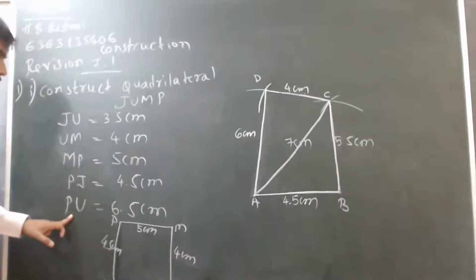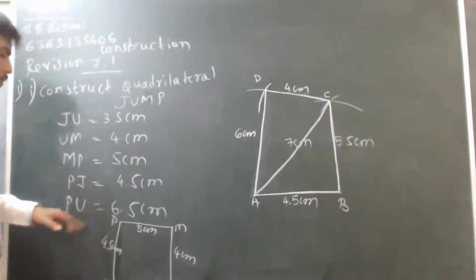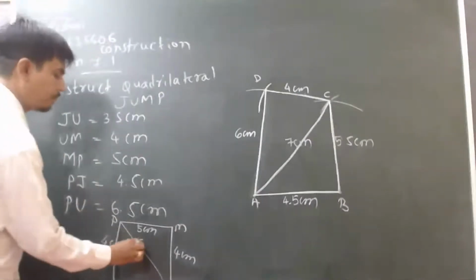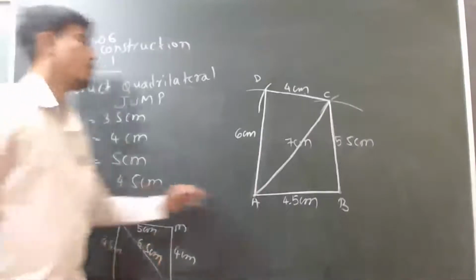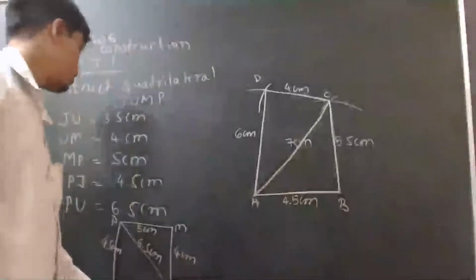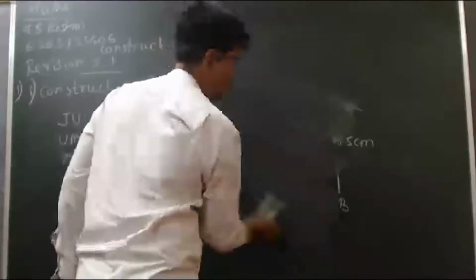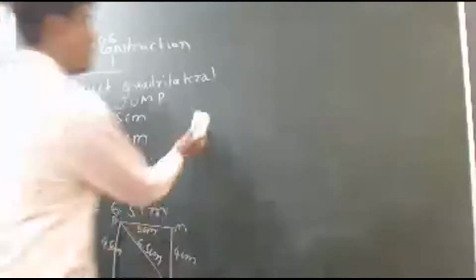And last, what is that? Diagonal. This time the diagonal goes like this, PU. And then what we have to do? Last time it was from A and B. This time it will be from J and U. First we have to draw JU.